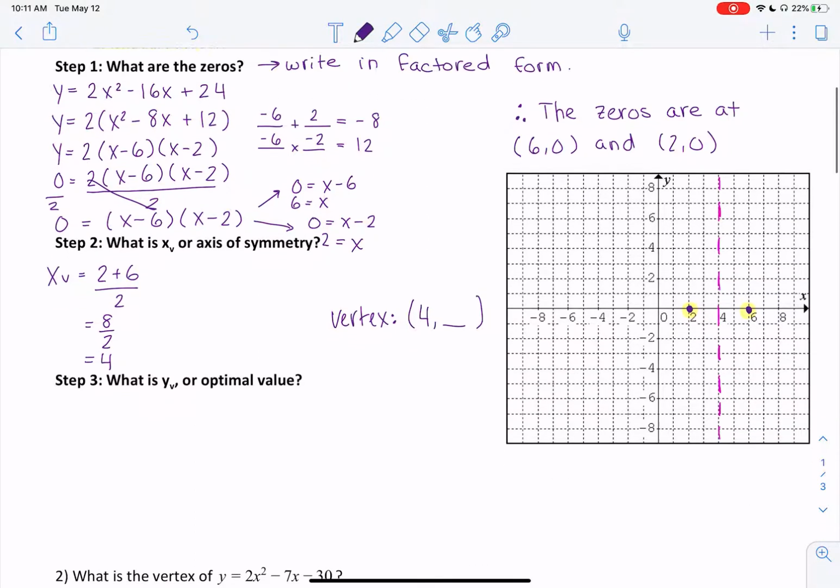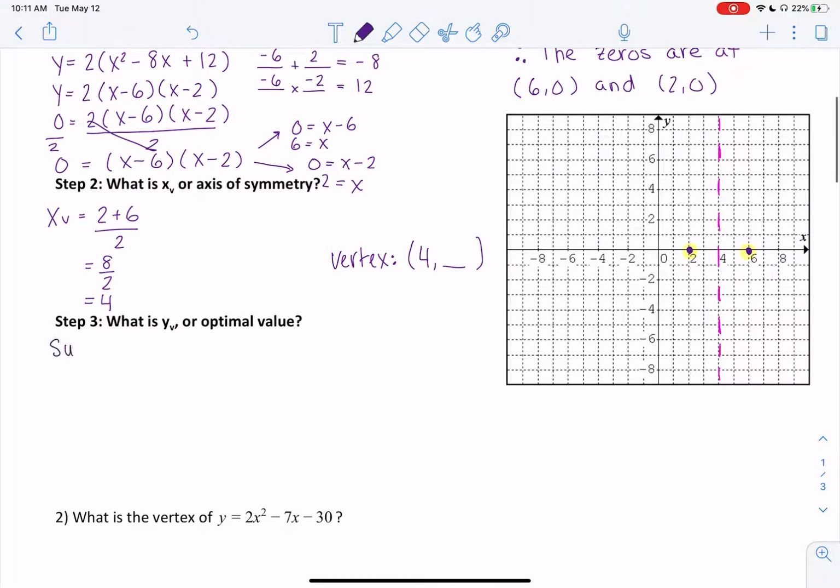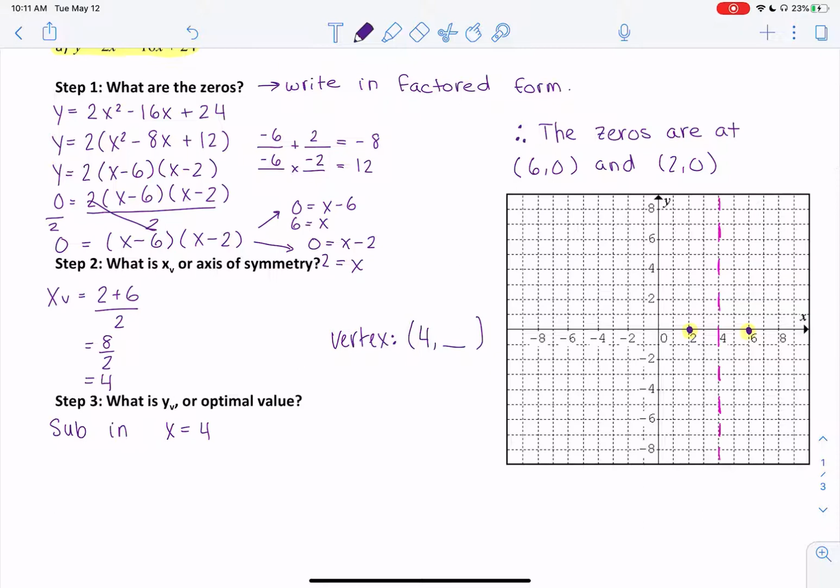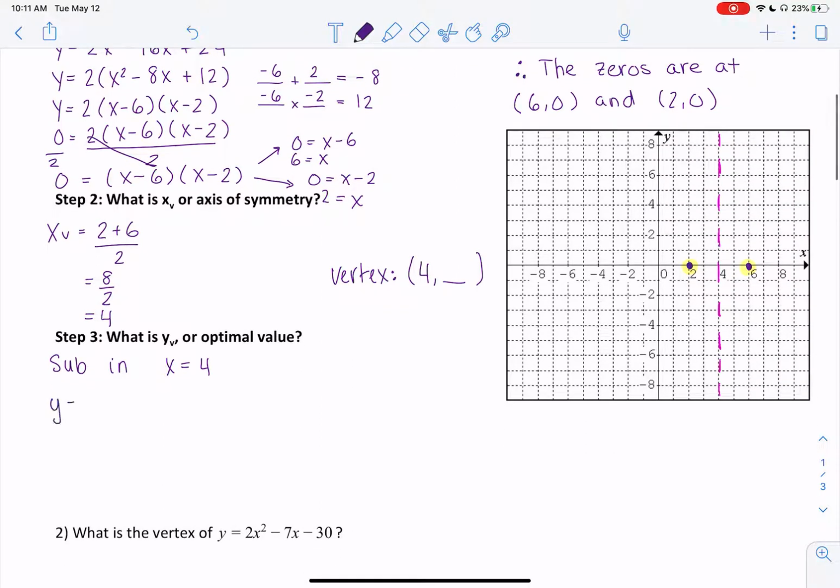How we do that is we're going to sub in x equals 4 into our equation. And it doesn't matter if you use your original equation or your factored equation. They're the exact same thing, so it really doesn't matter. Sometimes I find subbing into the factored one a little bit quicker, but it really doesn't matter.